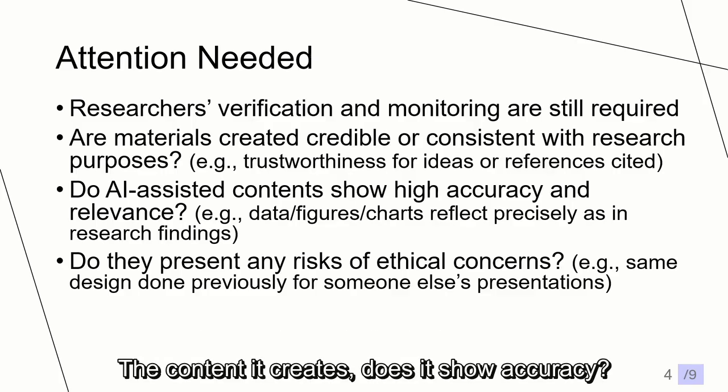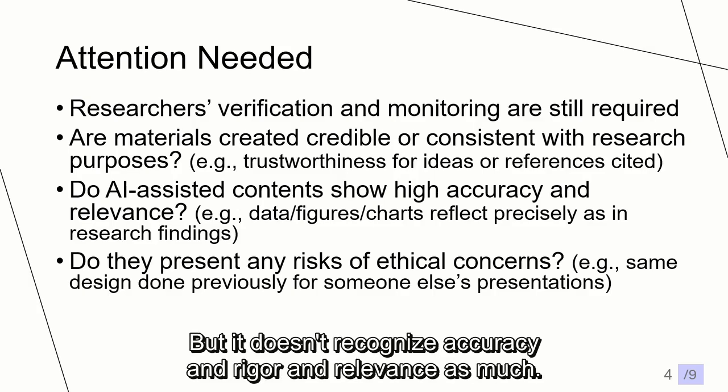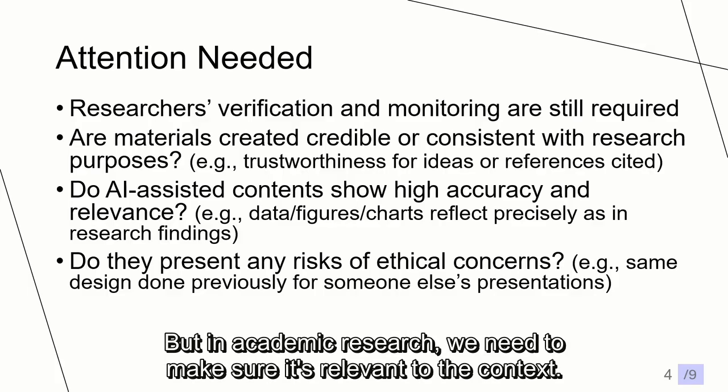The content it created, does it show accuracy? Again, AI tends to focus on efficiency, standardization, and patterns, but it doesn't recognize accuracy, rigor and relevance as much. But in academic research, we need to make sure it's relevant to the context.